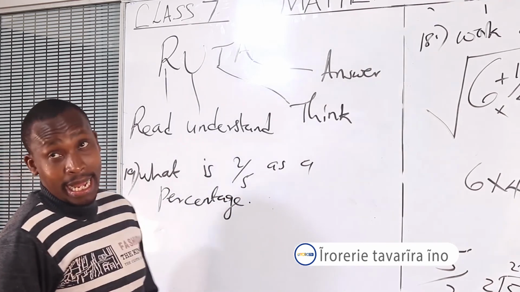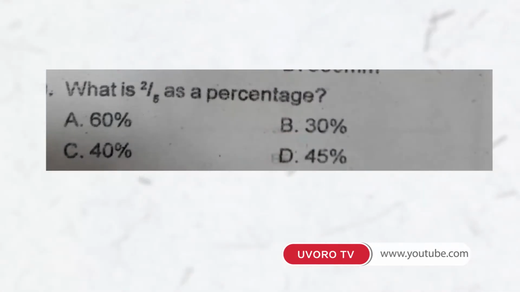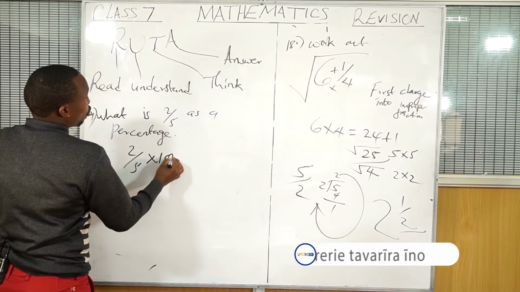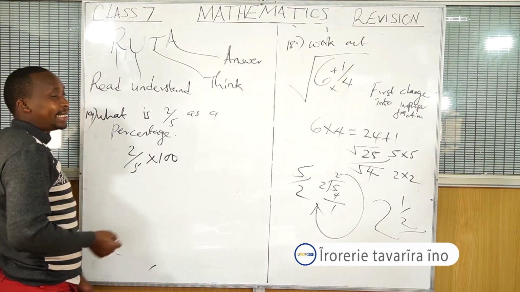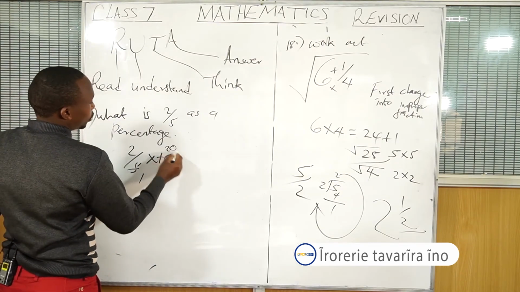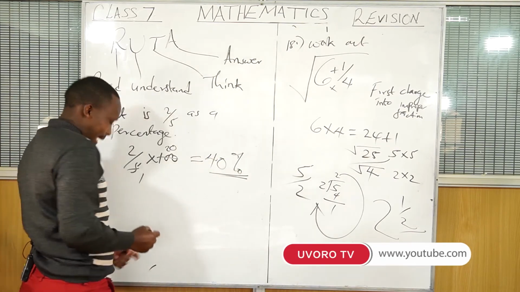Now, class, we are supposed to know this. When you are changing this number to a percentage, you just multiply by 100. So this is 2 over 5 times 100. Percentage means 100%. 100 by 5 is 20, 20 times 2, so our answer is 40%.